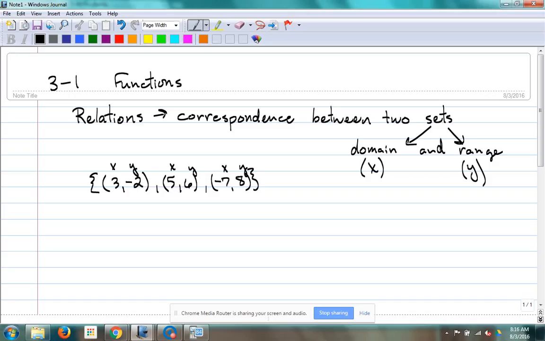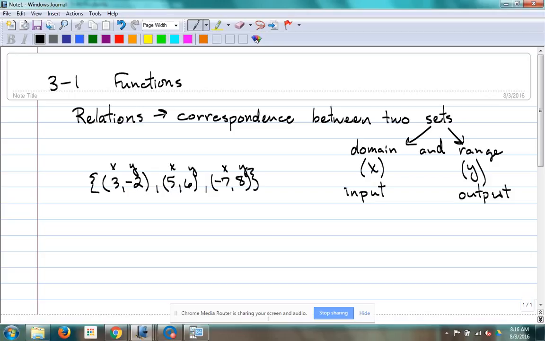Another word for domain that I know I use some in Algebra 1 is an input, and the range is an output. So I'm just trying to put all those synonyms together for our relation, the correspondence between those two sets. The domain, x values, is the input. The range, the y values, that's the output.